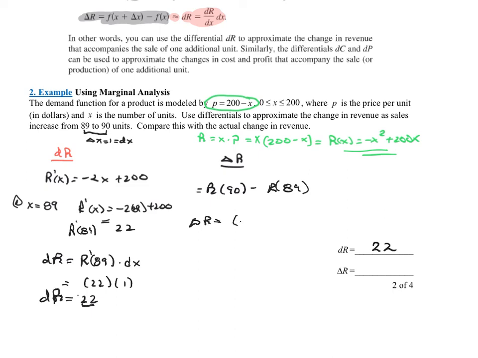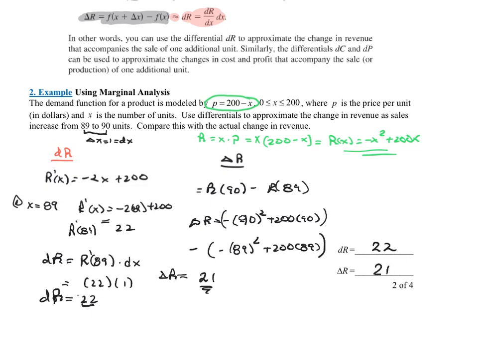So this would be negative 90 squared plus 200 times 90, and I'm going to subtract off negative 89 squared plus 200 times 89. Throw that into your calculator. Be careful with your parentheses in this one. And I'm getting the actual change in revenue was $21.